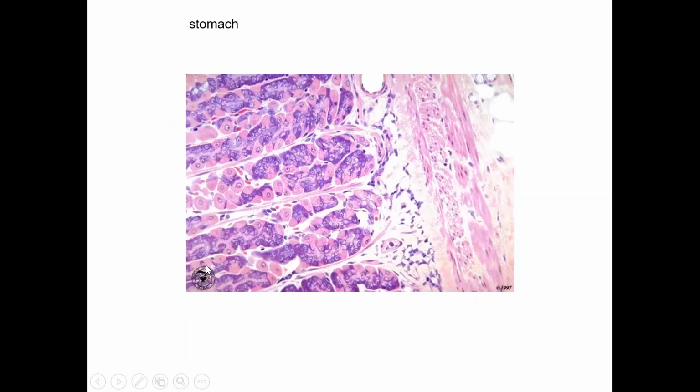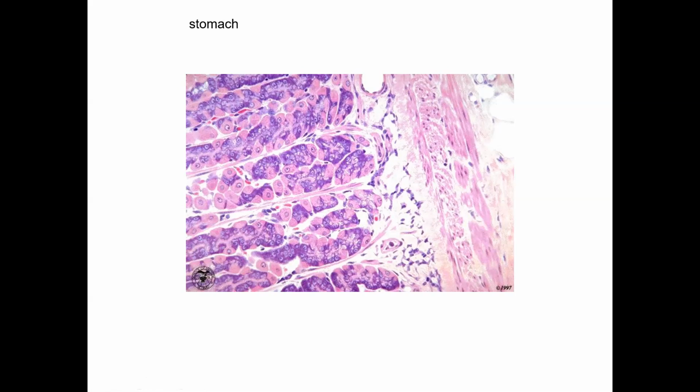Okay, so this histology, let me see. Basically, it's showing you this gastric pit, and deeper toward the submucosa here. These are the neck cells, and also there are parietal cells, chief cells, and G cells.